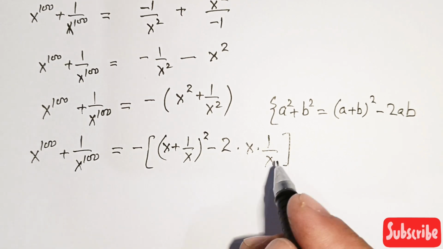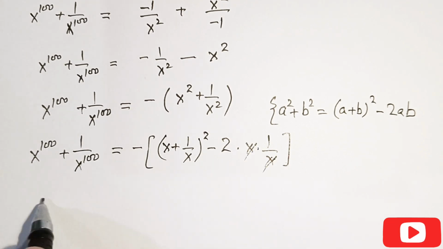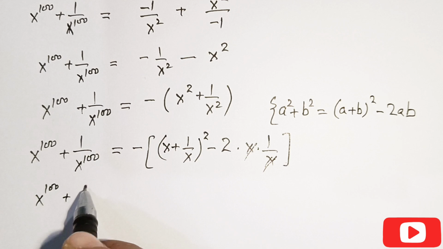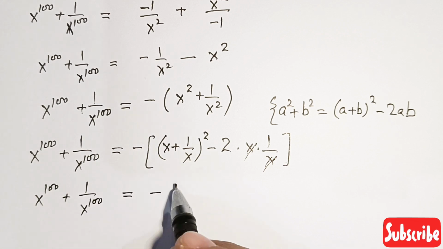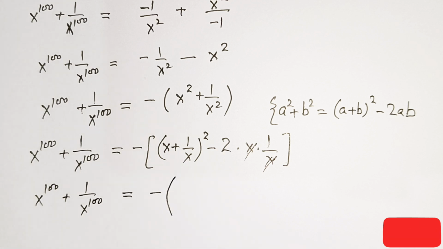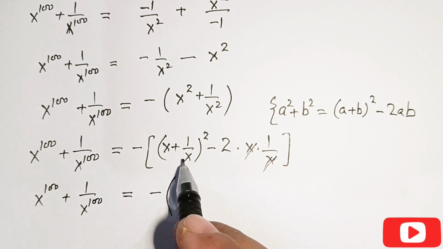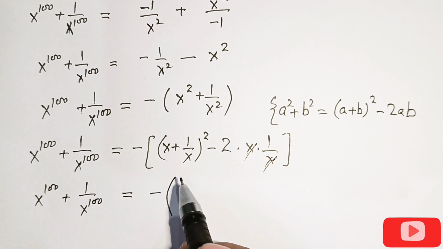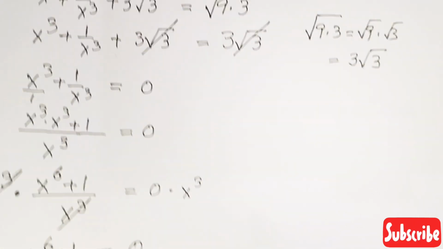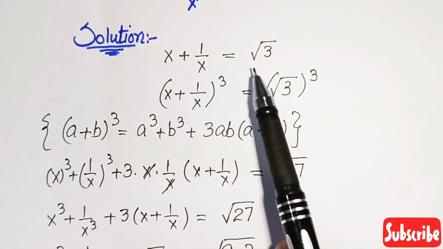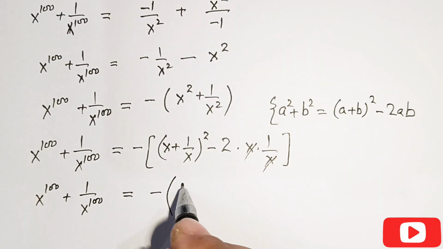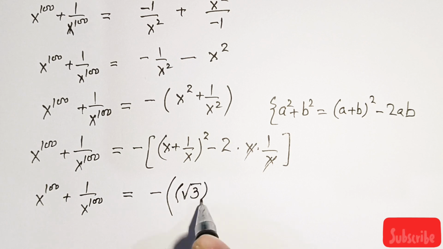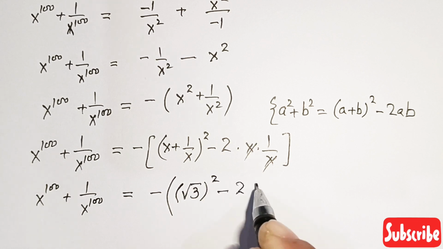So cancelling this x with x, we get x to the power 100 plus 1 over x to the power 100 is equal to minus, as we know that x plus 1 over x is equal to square root of 3. So putting this value here, square root of 3 whole squared minus 2.